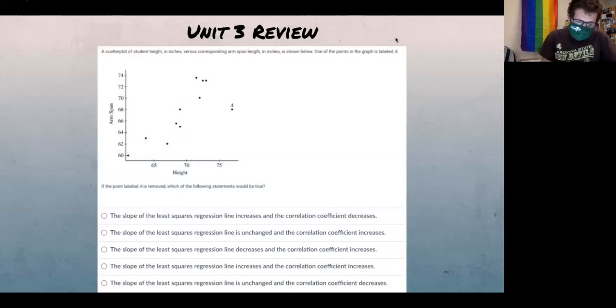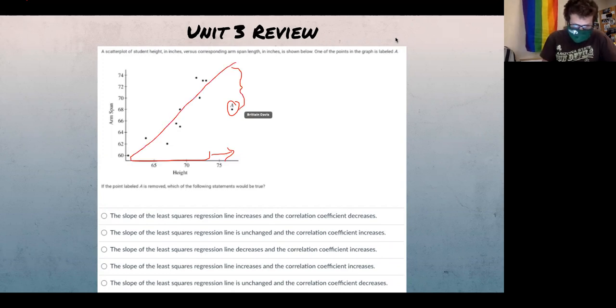Because point A has higher leverage, you can see here's the data, and this is extended beyond, so that means it has leverage. It also doesn't seem to fit the rest of the trend line, so it's going to be an outlier. So that's going to make it an influential point. It's going to change our least squares regression line.